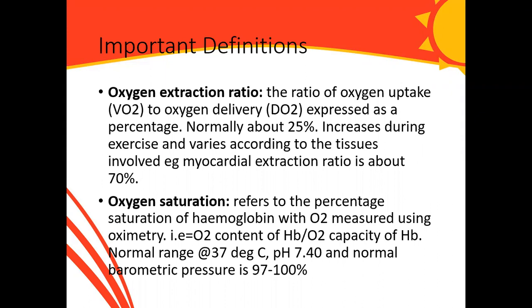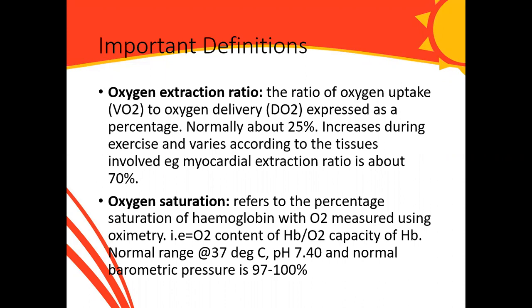So the oxygen taken up by the tissue divided by the oxygen delivered to the tissue is the oxygen extraction ratio. And it's normally about 1/4 of the oxygen that is delivered. However, during exercise and during stress, this oxygen extraction ratio can increase, especially the myocardial extraction ratio, which can go as high as 70%.